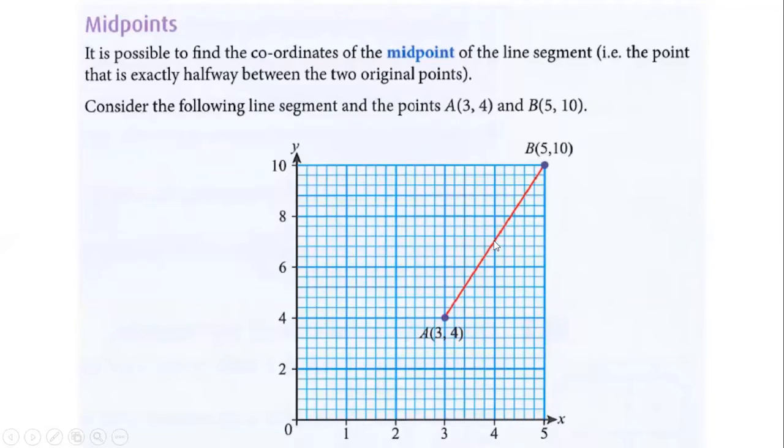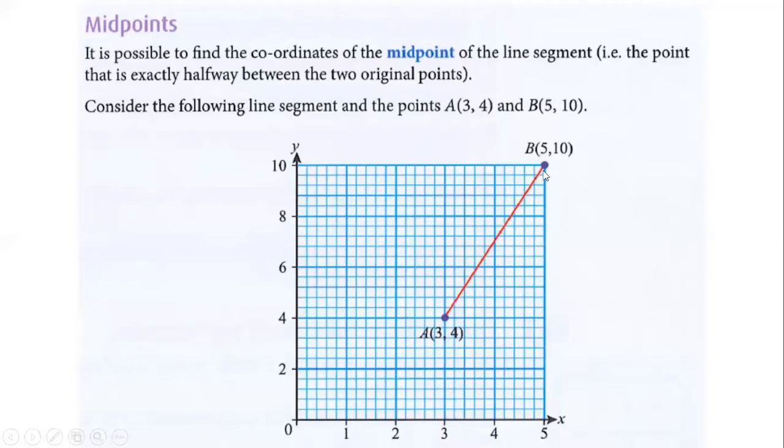But how can you find this mathematically with a formula, this x coordinate 4? If you add and divide by 2 the x coordinates, you can find 4, isn't it? So the x coordinate of A is 3, the x coordinate of B is 5.